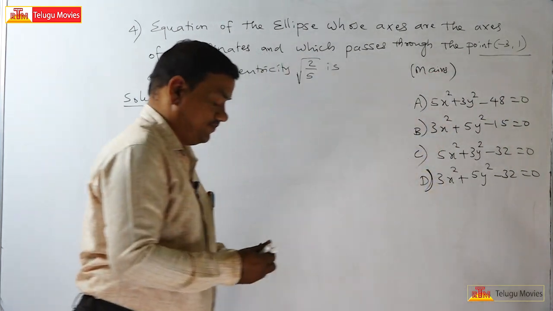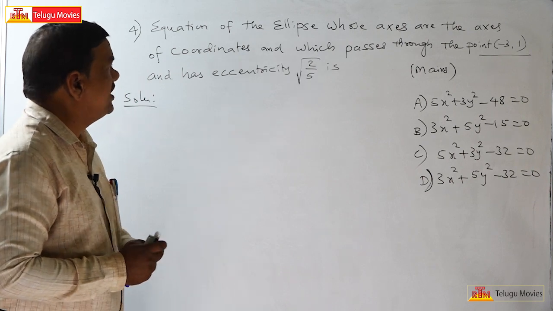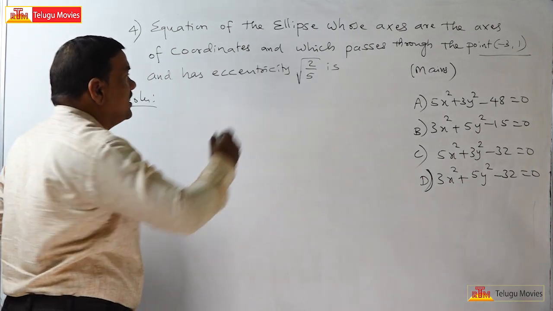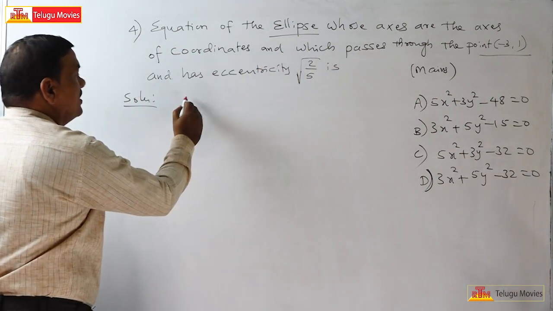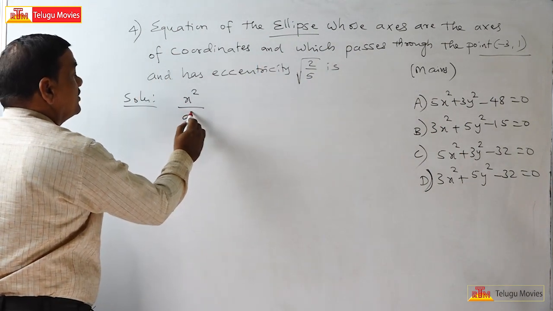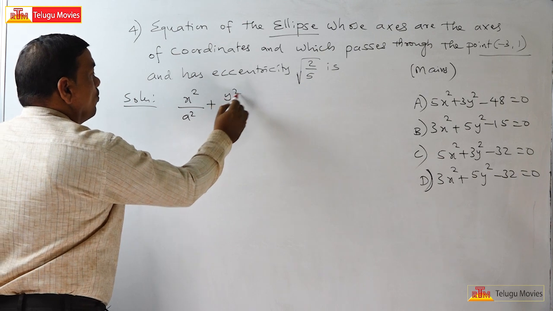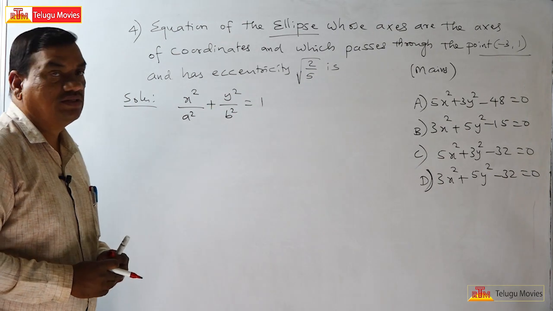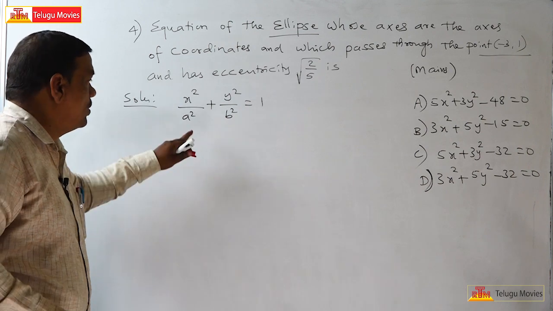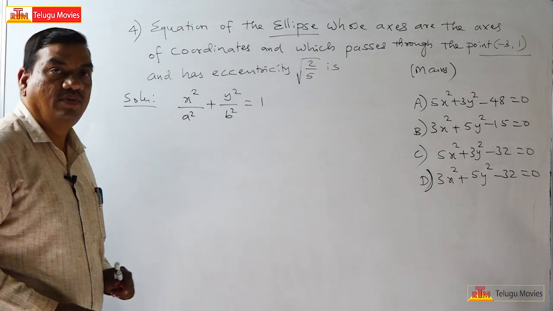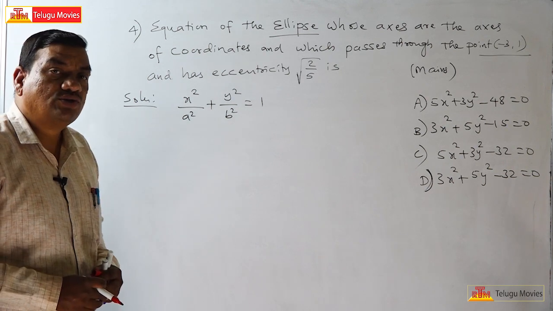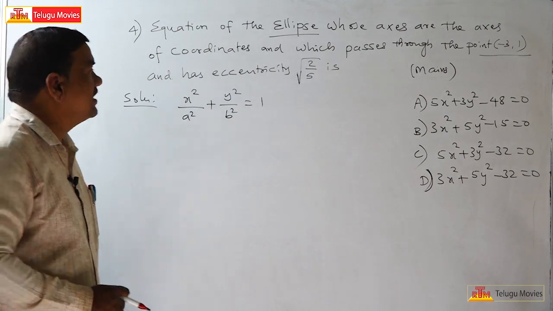Let us see here. First, the equation of the ellipse we have to find out. Let the equation of the ellipse be x square by a square plus y square by b square is equal to 1. Now we have to find out a square and b square values, then the problem will be over. To find out a square and b square, what is the first hint given?